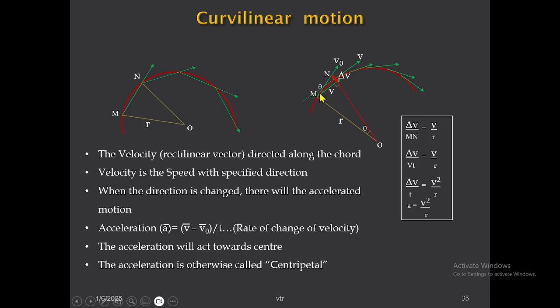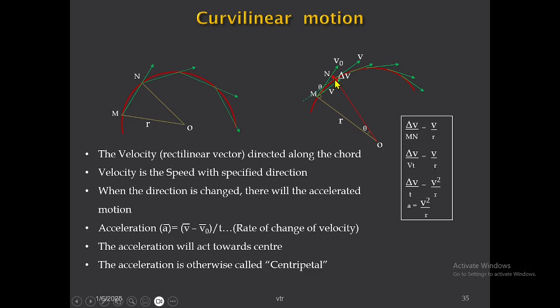When two tangents intersect each other, this is the deflection angle. We already discussed in the previous video, in curve setting out, that the deflection angle equals the angle subtended at the center, so this is theta. This line is parallel to this line, which is why this angle equals theta. So in the two triangles, one angle is 90 degrees and the other angle is equal to theta. So they are similar triangles, and taking them, let us make some equations.